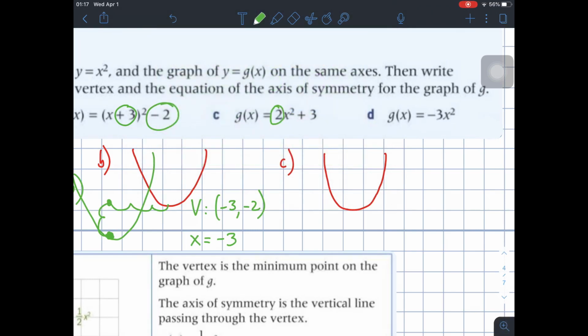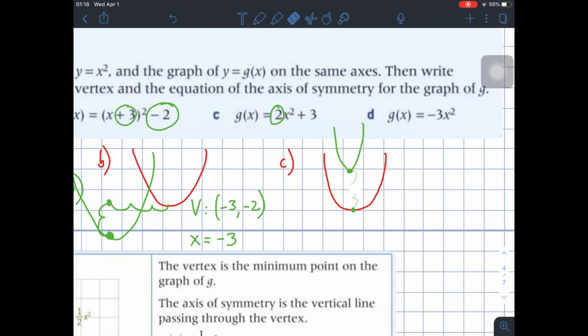And as this is a 2, a number greater than 1, we're going to get a vertical stretch, meaning that the parabola would be narrower than the original. So this is our vertex and I move 3 units up, 1, 2, 3, so my new vertex is here, and the parabola should look narrower, something like this.